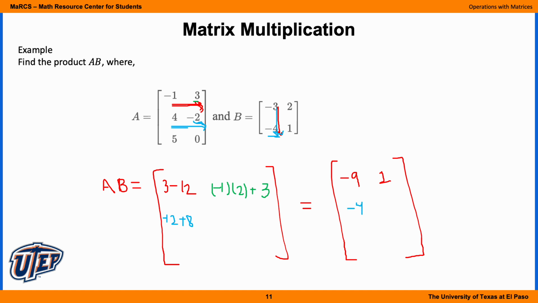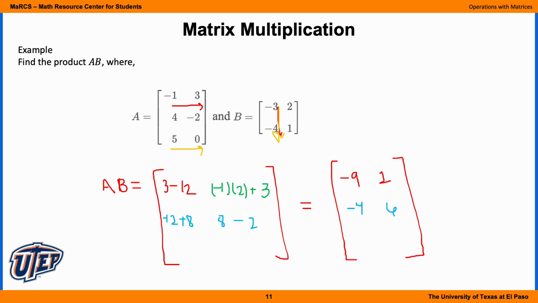Now we do this row by this column. So we'll do 4 times 2, which is 8, plus -2 right here times 1, so that'll just be -2. So that'll give us +6 for that entry. So now for the last row, we do this row by this column.